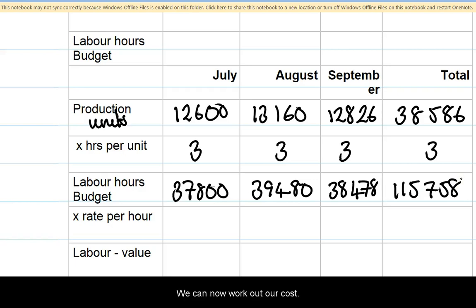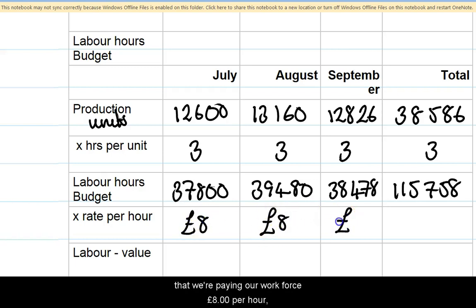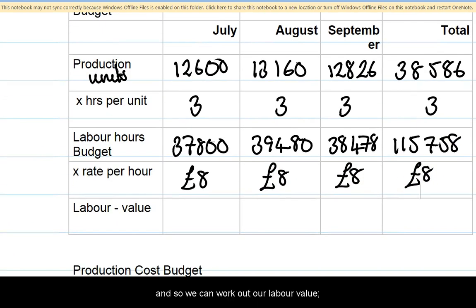We can now work out our cost. We were told in the question that we're paying our workforce £8 an hour, and so we can work out our labour value.